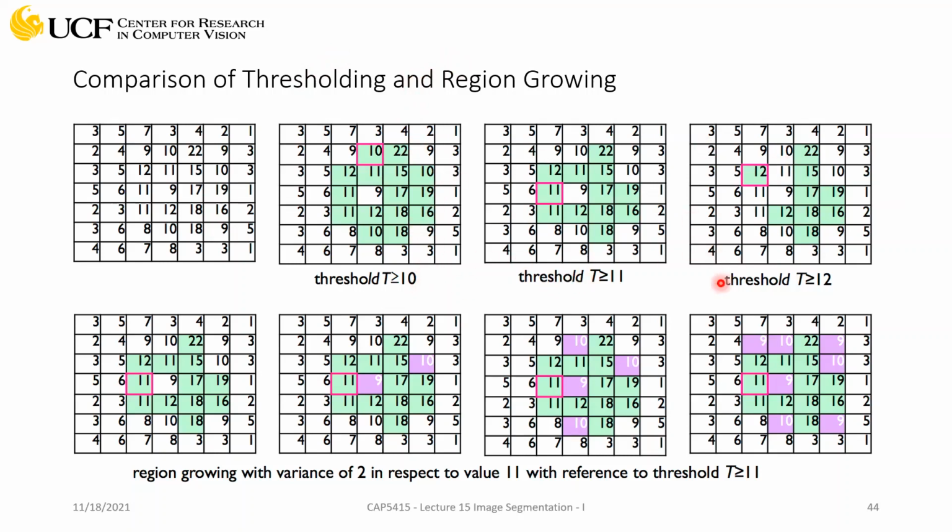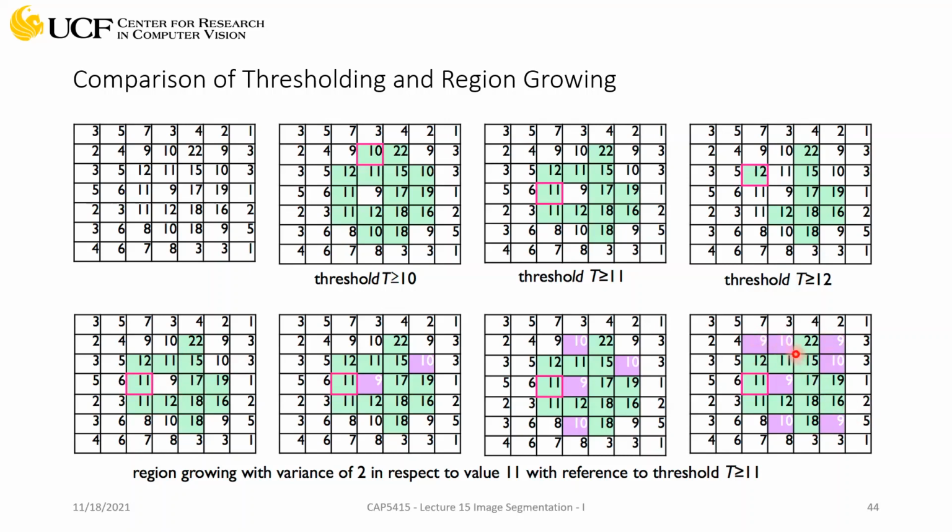Now, if you look at region growing, again in this case you need some parameters, like what should be the value of the variance, and what's the value of the threshold you're considering. So in this case, let's say we're considering a threshold of 11. This should be the segmentation, but what your region growing will give you is something like this.